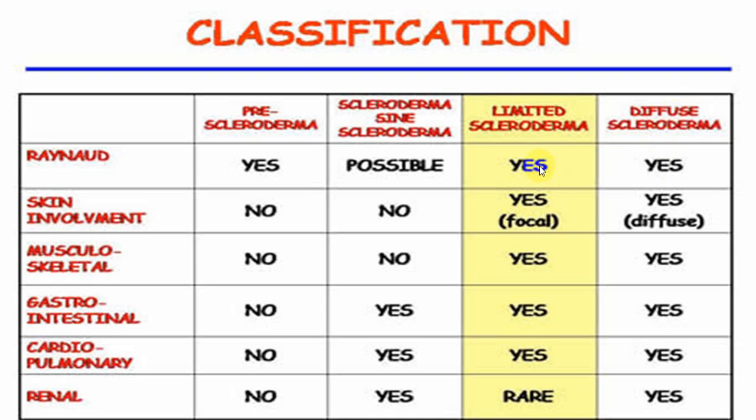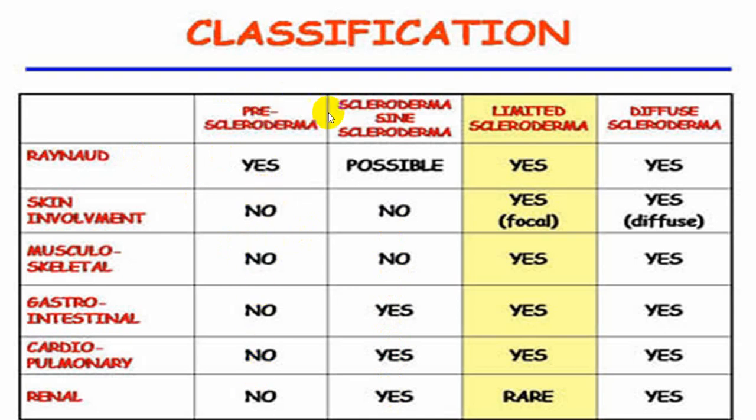So in a diffuse variety, we come across Raynaud's phenomena, skin involvement, musculoskeletal involvement, GI tract, CVS, respiratory, kidney, etc. In scleroderma sine scleroderma, you will get more of GI tract, cardiopulmonary and renal involvement without skin and musculoskeletal involvement. In pre-scleroderma you get only Raynaud's phenomena without any involvement of the skin, musculoskeletal system or GI tract.